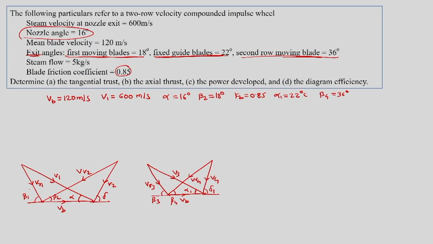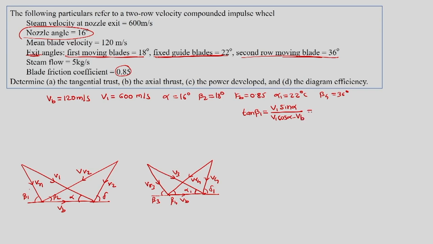We can first find out tan beta 1 is equal to V1 sin alpha divided by V1 cos alpha minus VB.